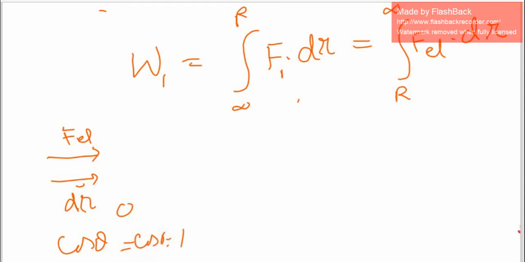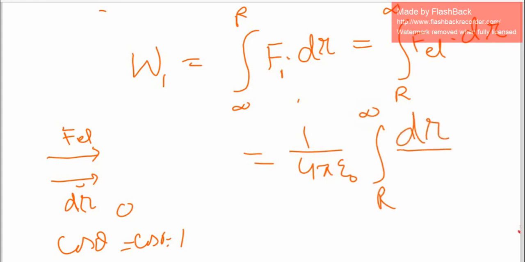So we forget about all other factors. This is very simple. The electrostatic force, 1 over 4 pi epsilon naught q1 q2, integrated from r to infinity of dr over r squared.